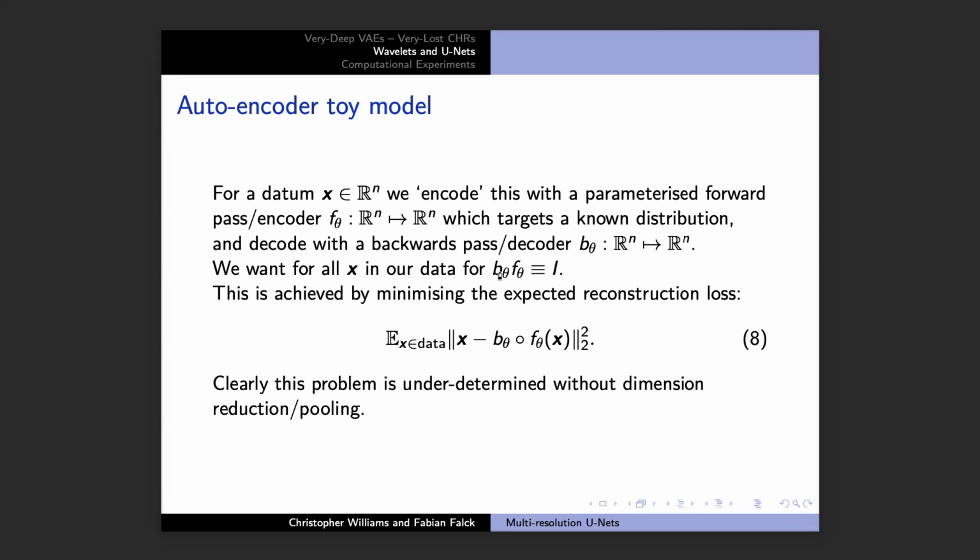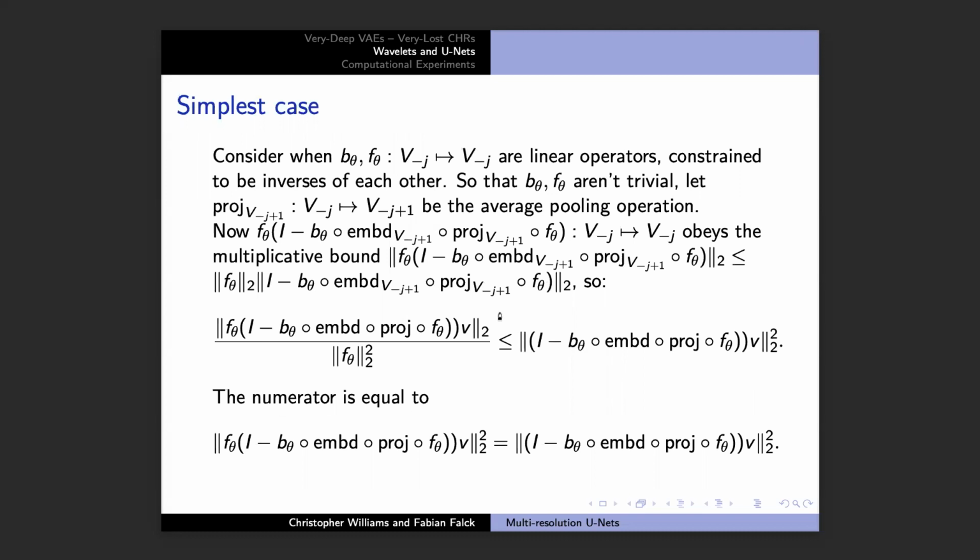The obvious problem here is that this is underdetermined straight away, because B and F could just both be the identity. So no dimension reduction does nothing for you. For a moment, I just want to think of these as linear operators acting on the same dimension space, which is again trivial. I can represent the identity as a linear operator.